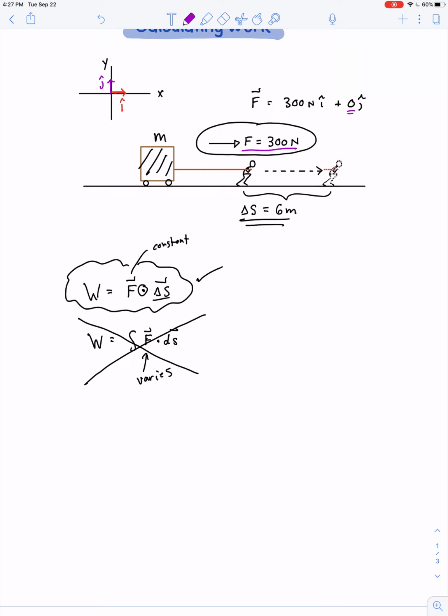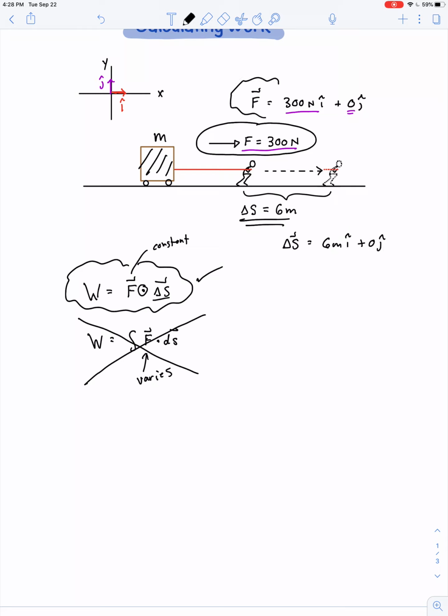So it has no component on the y-axis, so the component of force in that regard can be stated as 0 multiplied by j hat, and likewise the component of force along the x direction is 300 newtons. And likewise for the displacement, we can state it in vector notation. Delta s is equal to 6 meters i hat plus 0 j hat.